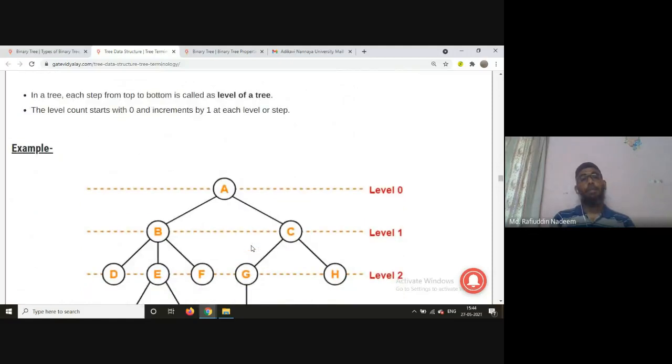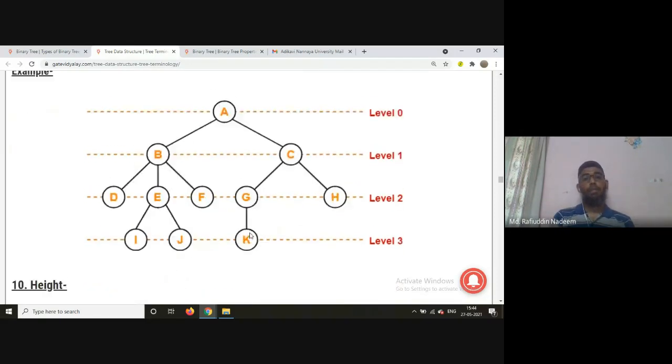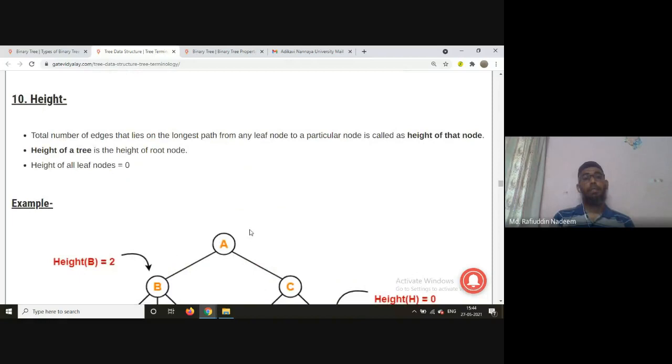Then we have the level. The root node is always at level zero. Then we have level 1, level 2, and level 3 nodes. Then the height is the total number of edges on the longest path from any leaf node to a particular node. The height of the tree is the height of the root node.